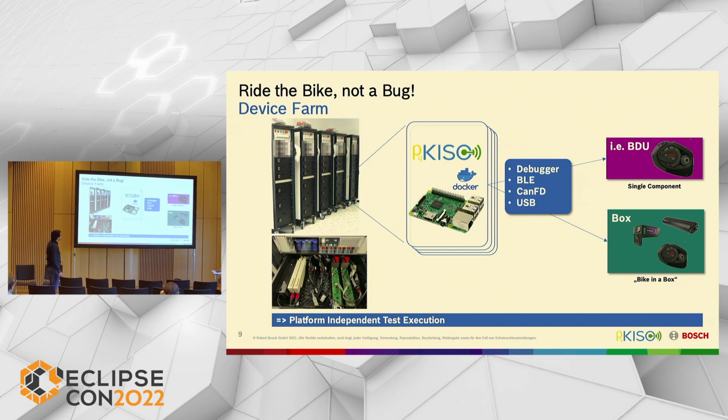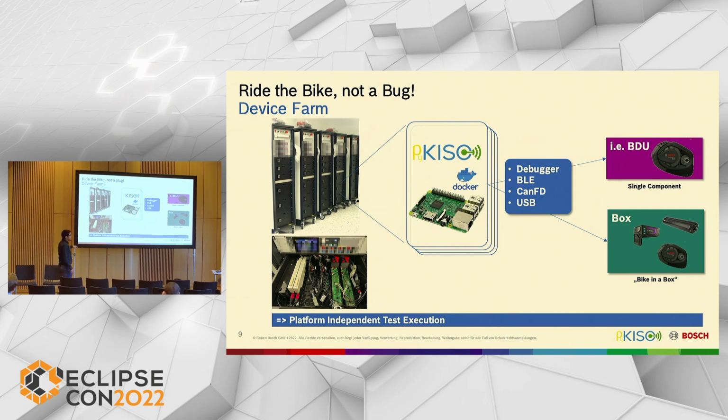Here we can see how we really test at eBike. On the left side you can see the server racks which we have, currently located in Custoding, so it's a room full of those racks. Inside those racks we have drawers, and inside those drawers we could have single component setups, and we could also have a complete bike in the box.